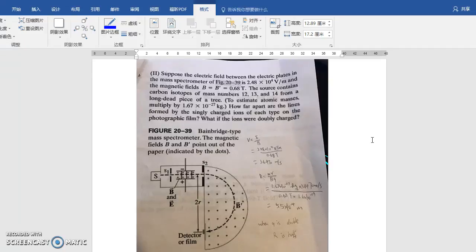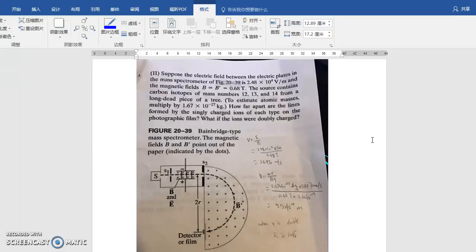First we need to calculate the velocity: we use the electric field divided by the magnetic field to calculate the velocity, and then we have the velocity times m, the mass of the particle, divided by the magnetic field and the q.